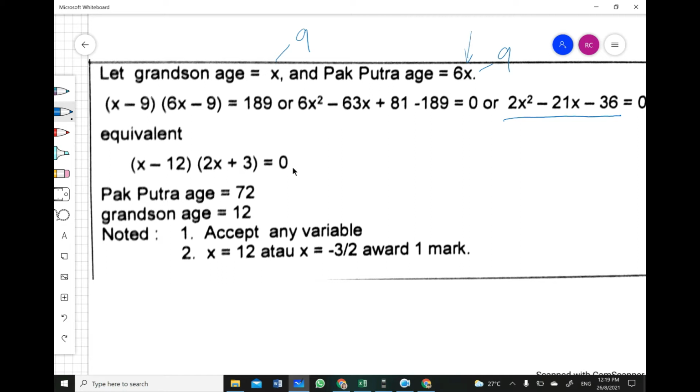So from here, x minus 12 equal to 0, so the x is equal to 12. Therefore, you substitute the 12 into the x up here. So Pak Putra's age is 6 times 12, we get 72. And then the grandson is just 12 years old.